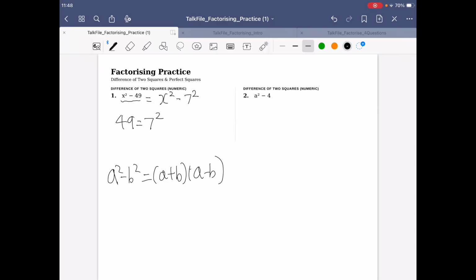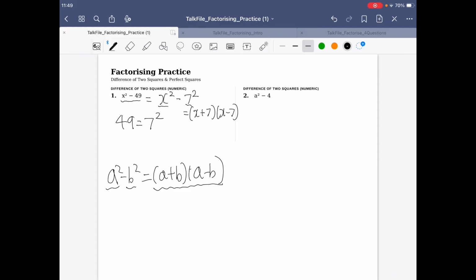If you see the difference of two squares, something squared minus something squared, that means you can express the expression in a different way. So in this case, x squared minus 7 squared, you can factorize this expression as x plus 7 and x minus 7, where one is the sum and one is the difference. So this is how to factorize the difference of two squares.